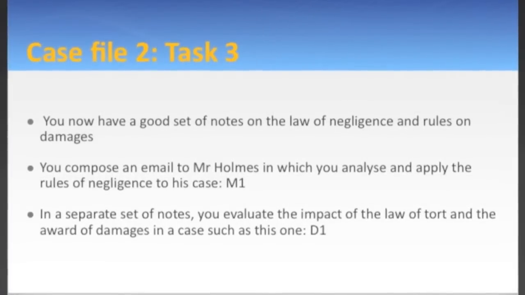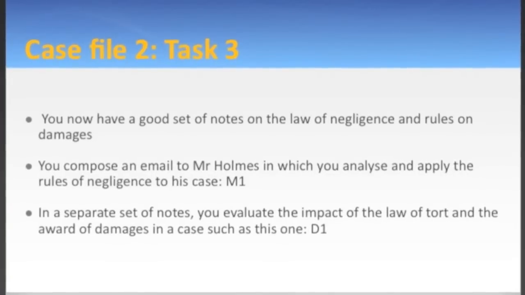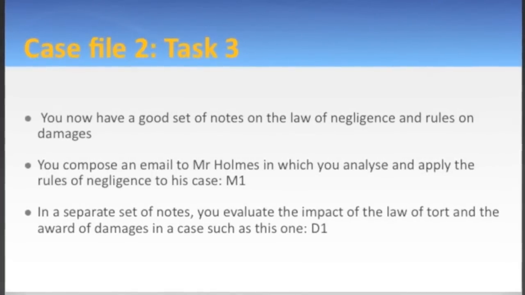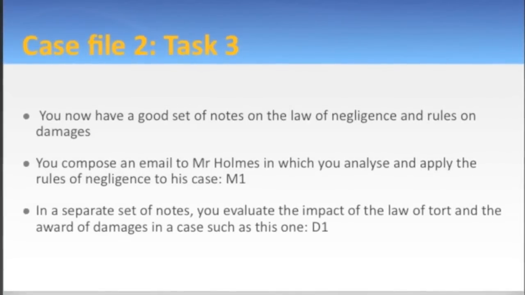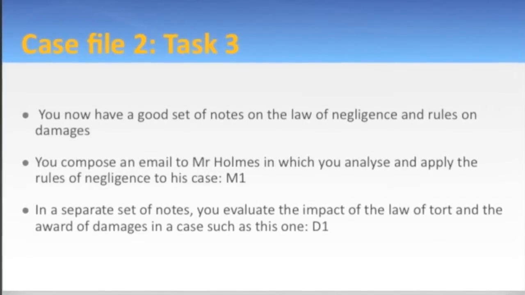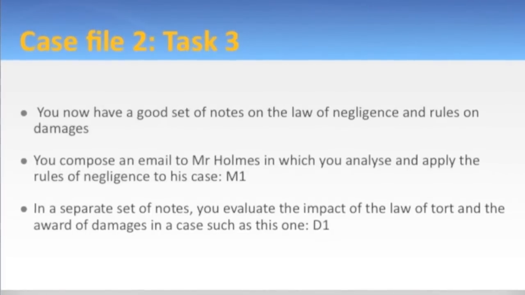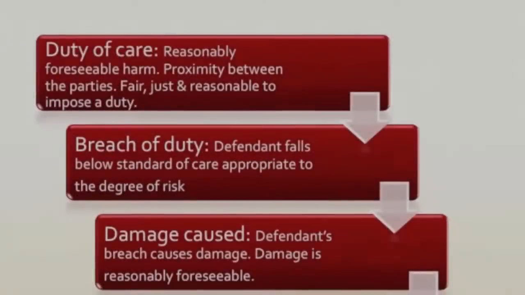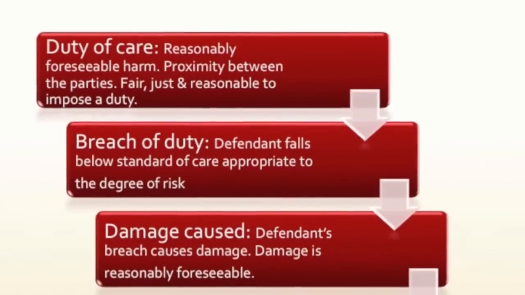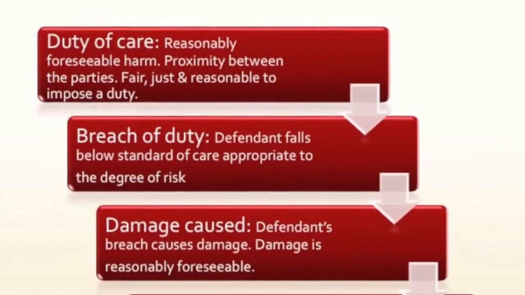For M1, you're going to build on everything you wrote about negligence in P1. So you're going to analyse and apply the rule of negligence to case file 2. In order to analyse and apply, you want to move through each of the hurdles.